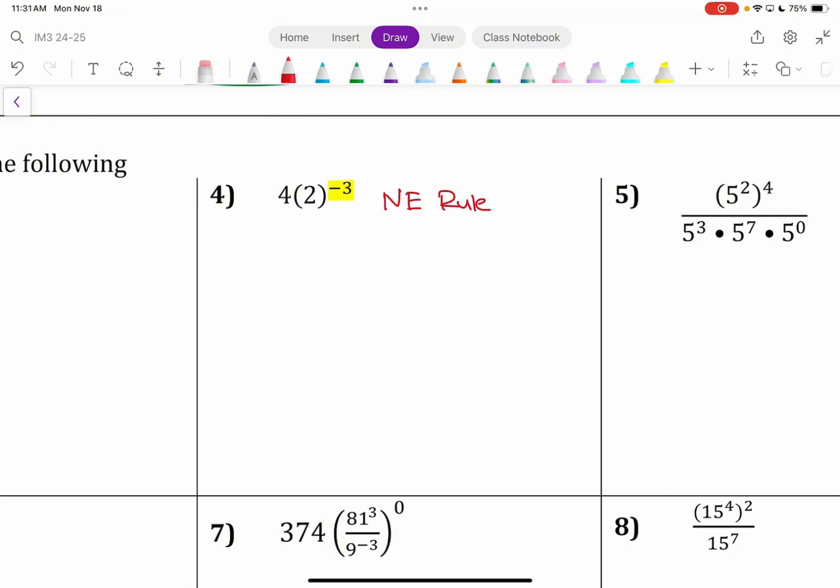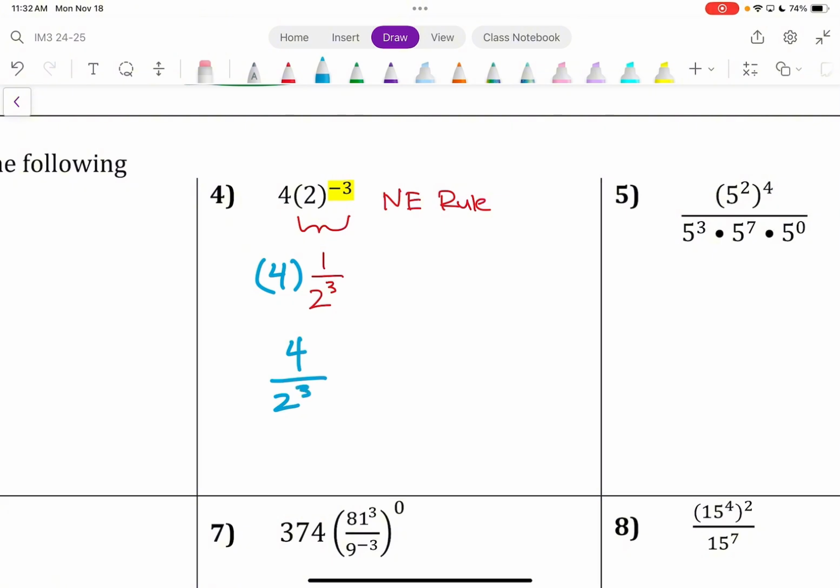Once again, NE rule represents negative exponent rule. This means that you need to clean up 2 to the negative third by taking its reciprocal. That will become 1 over 2 to the positive third. And of course, you still have the 4 that stays as a 4. So we have 4 times 1 over 2 to the third. This becomes 4 over 2 to the third.